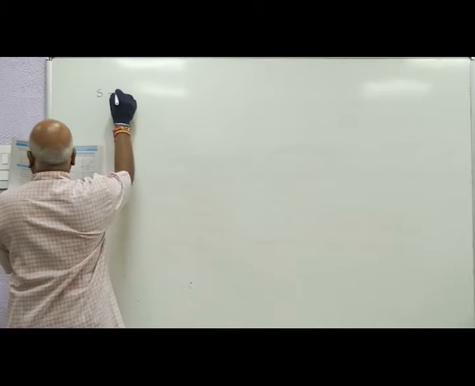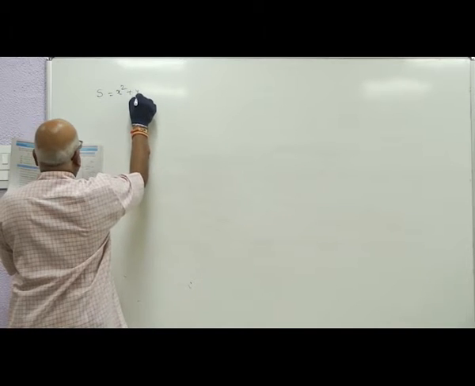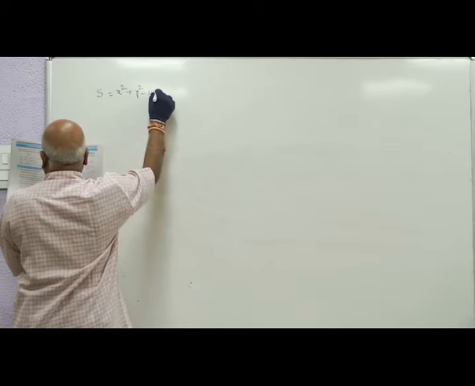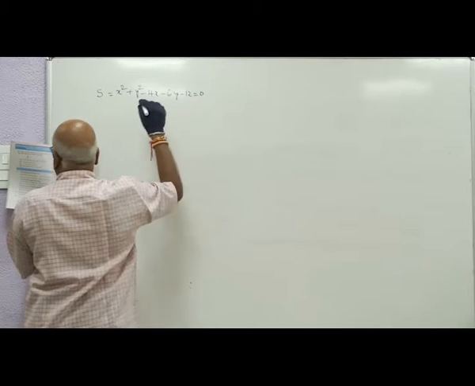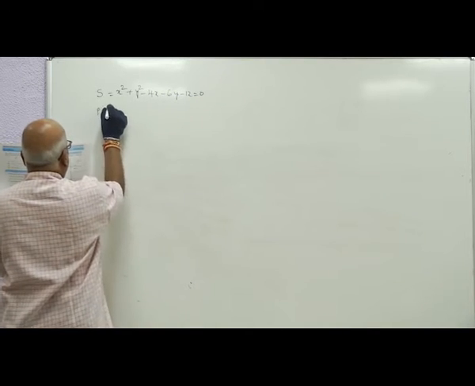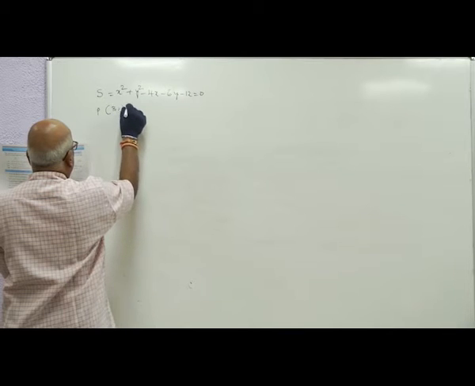S equal to x square plus y square minus 4x minus 6y minus 12 equal to 0. Point is (3, 4).